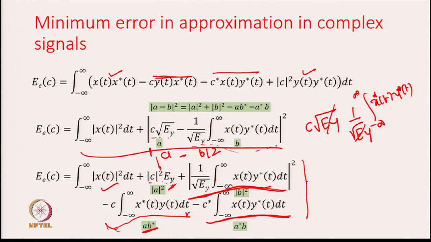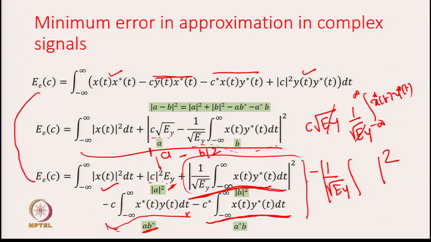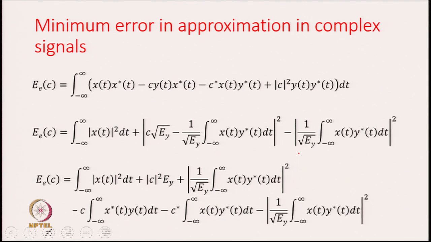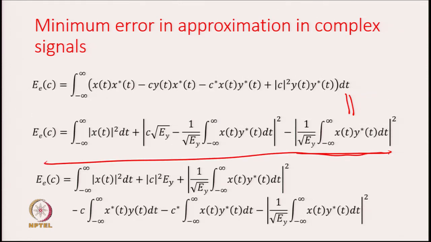So, this is the same as this thing, other than this term. So, we have to subtract this so that I make this expression the same as this expression. So, let us try to do this. Subtracting this term, we get this expression. So, now these two expressions are equivalent. Okay. So, we will be using this expression rather than this expression.